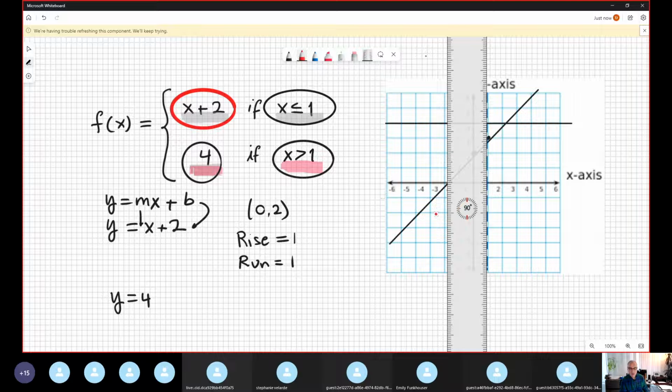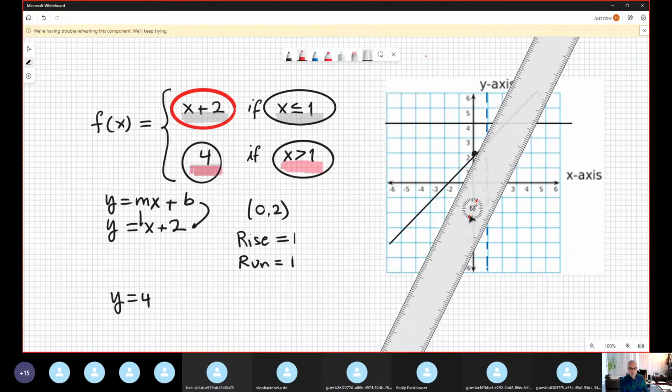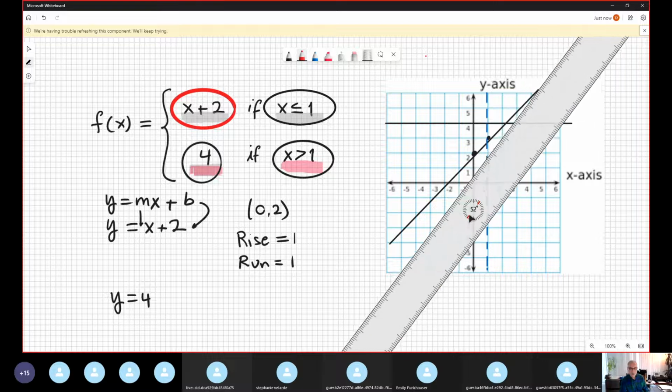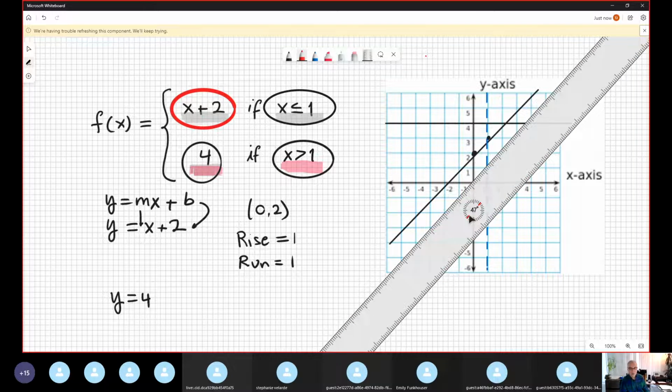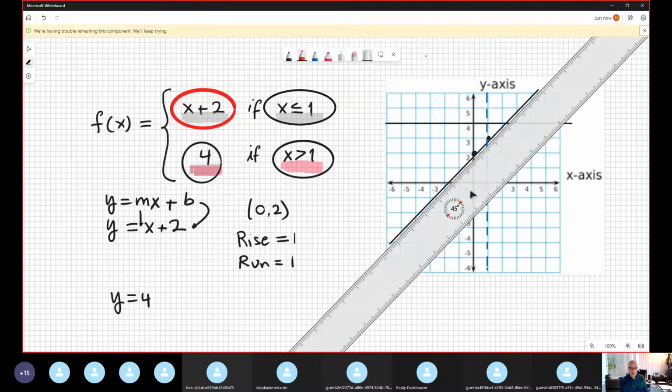I try to do it by hand, guys. However, in a few seconds, I want to explain how you do the same job super easy in Desmos. But okay, by hand. So now the graph of the piecewise function travels along this line to 1, and at 1 it stops. Why stop?